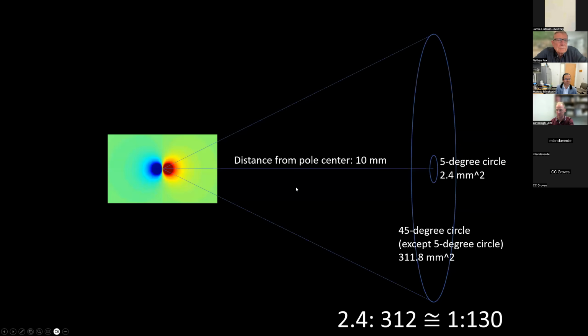But there are many more off-axis contributors in the field than on-axis contributors, and that ratio is about 1 to 130 in this simulation. So a 5-degree circle compared with the 45-degree circle. Even larger circles, like 50 or 60 degrees, are possible, so this ratio is still conservative.